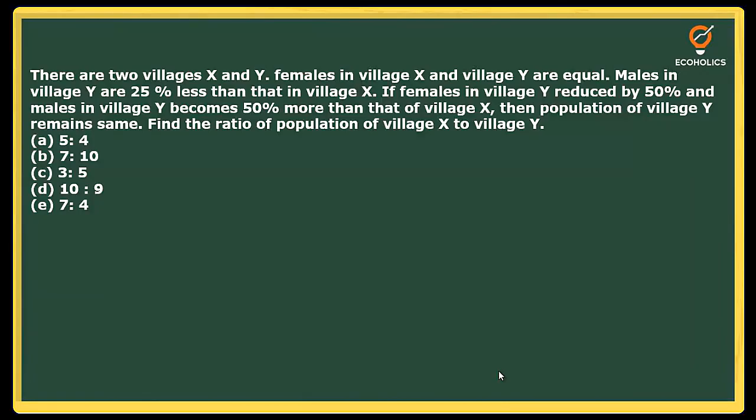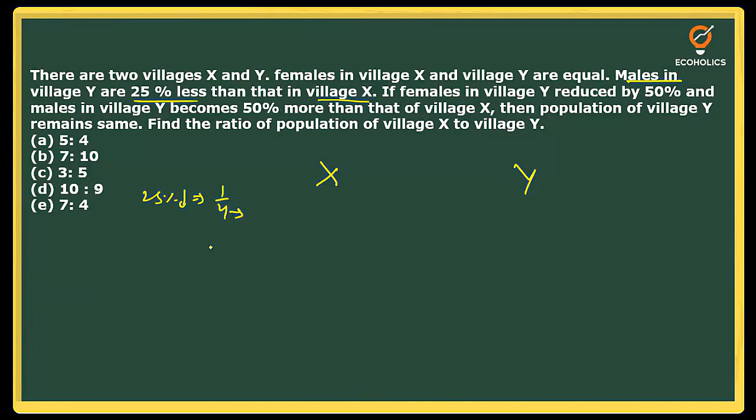Okay, guys, time up. There are two villages X and Y. Females in village X and village Y are equal. Males in village Y are 25% less than village X. So 25% less, this is 1 by 4.